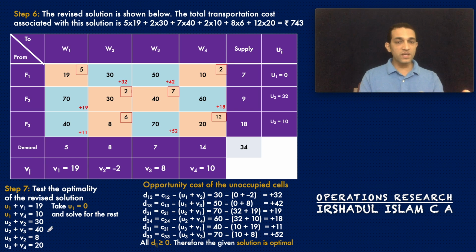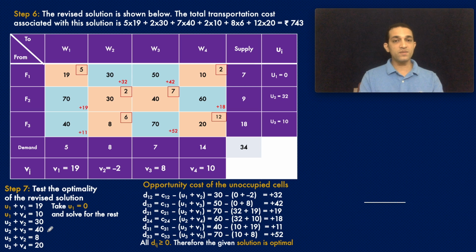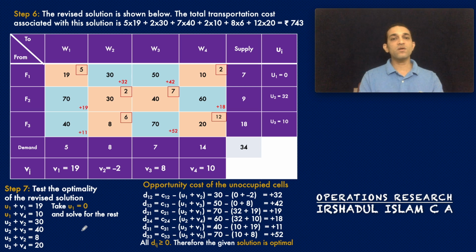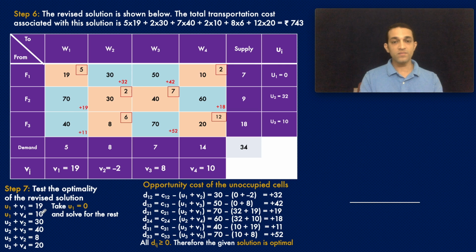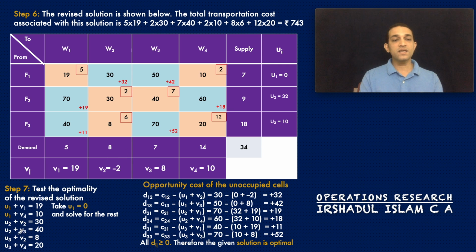So by looking into the number of variables, almost all the variables are appearing 2 times. I have given u1 equal to 0 and solve for the rest. Once we give u1 equal to 0, then we will get v1 equal to 19 and v4 equal to 10. With that we can easily calculate the remaining values like this. v4 equal to 10, by substituting that into this equation you will get u3 equal to 10.